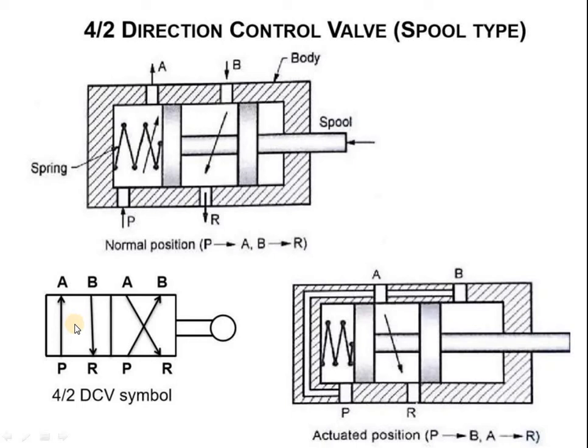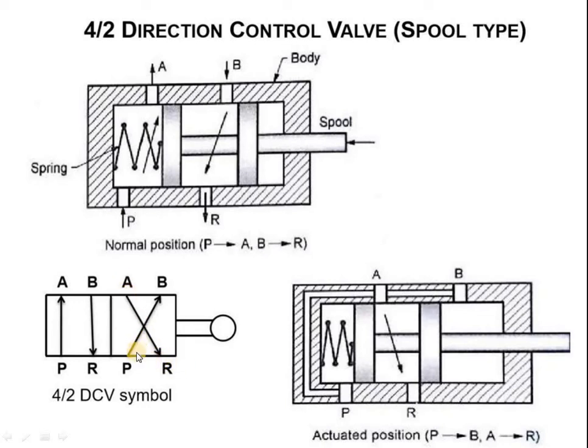If you change the position of the valve and come to the second position, there is a cross connection, with cross arrows. The pressure port is connected with B, and port A is connected with the return port.